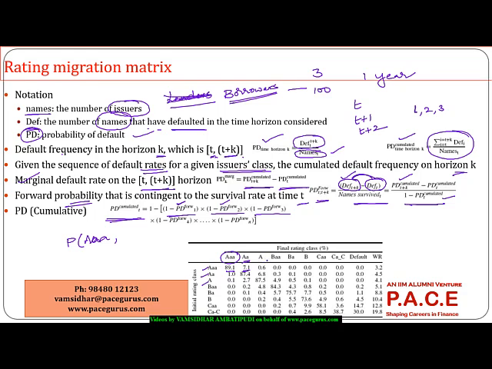The probability that it will go to A is 0.6%. The probability that it will default is approximately 0. So this is one of the ways in which I can use this rating migration matrix to assess the probability that a particular firm will move from one stage to another during a period of a year.